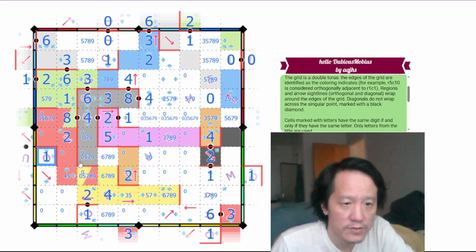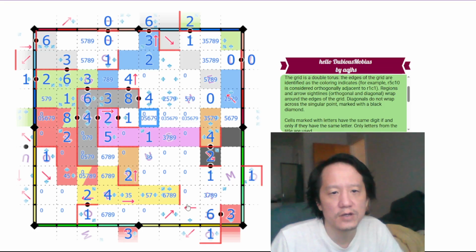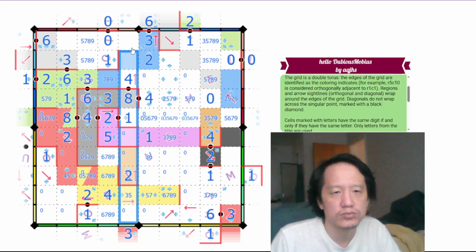Interesting. This is 1. This cannot be 3. This is green, so it can't be 2.